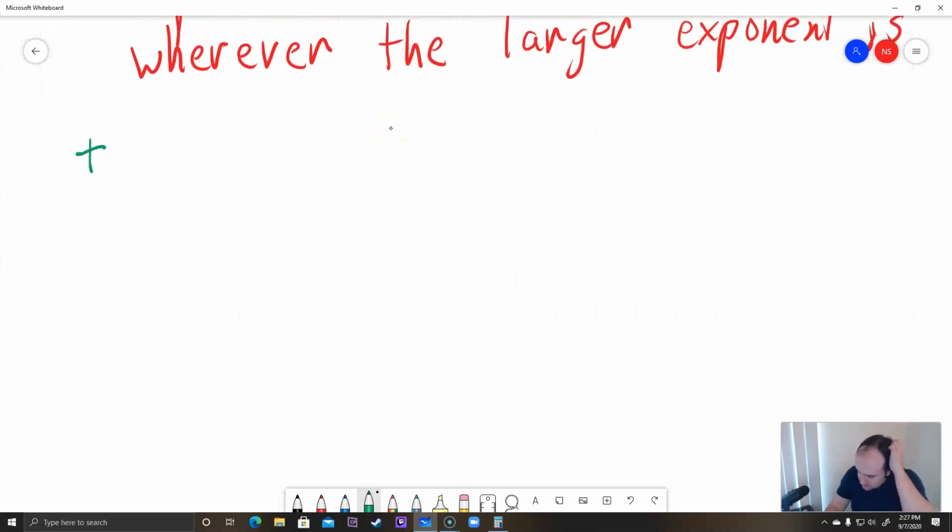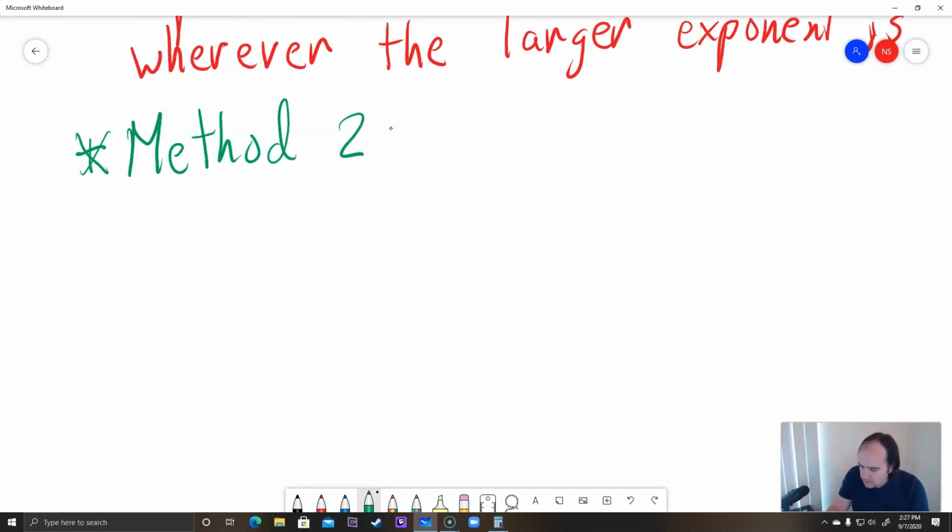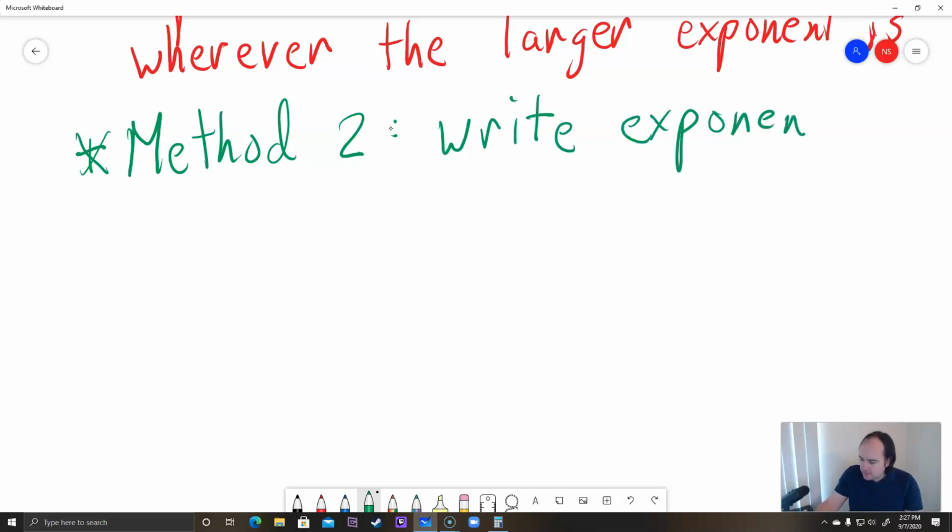Okay, so method 2 is you write exponents as repeated multiplication.